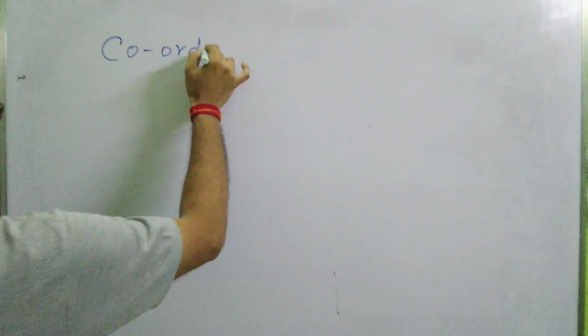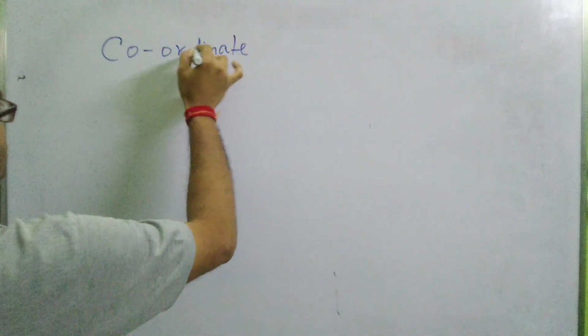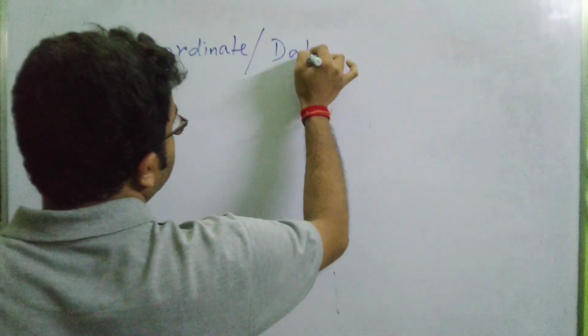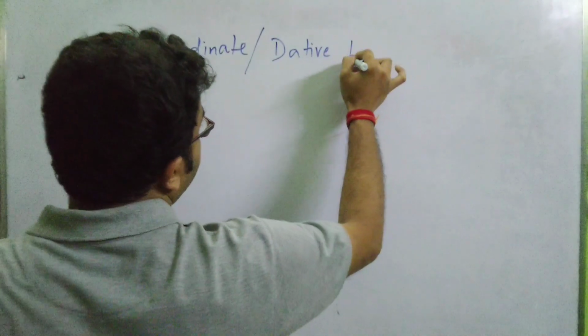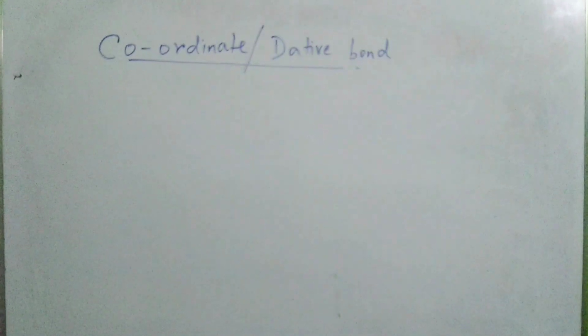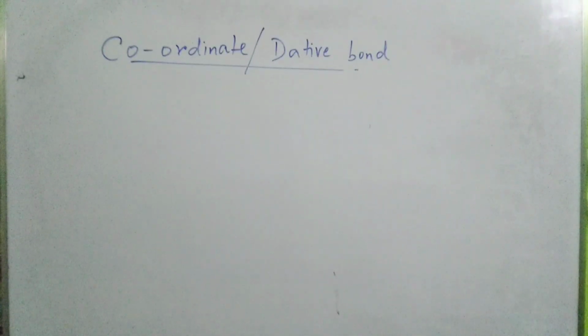coordinate bond. Coordinate bond, also called the dative bond, D-A-T-I-V-E, dative bond. So what is special about this bond? What is different in this bond from the covalent or electrovalent bond?